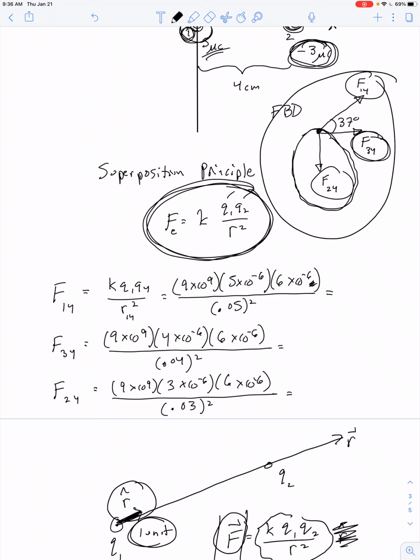Again, bear with me as I compute. Okay, so this comes out to 108 newtons. This comes out to 86.4 newtons. Oh, that's not right. Let me try again.